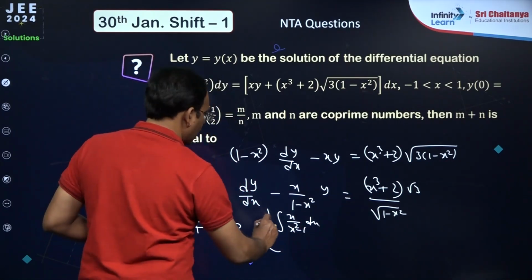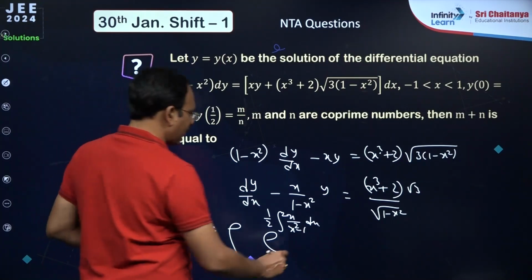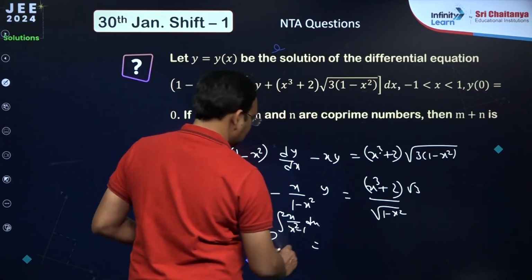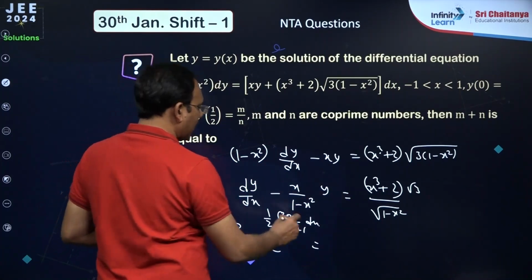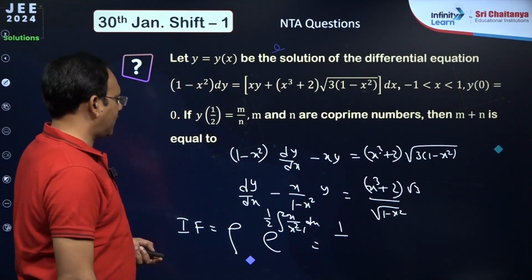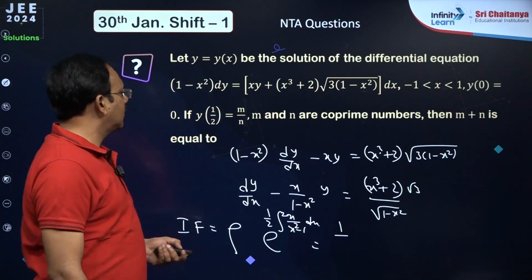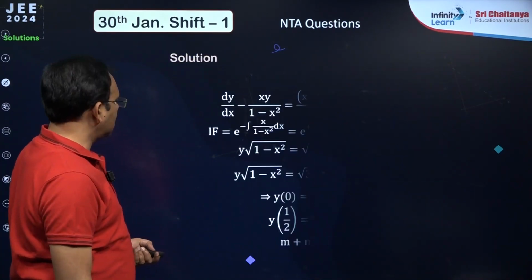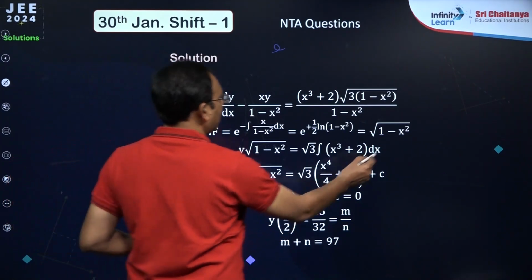So half you want, you put 2 here, f'(x)/f(x) gives log|f(x)|, you are going to get 1 minus x², better you write it there, that is minus 1/2. You see, my dear friends, you are going to get 1/√(x² minus 1) kind of thing. You see the same solution is written here, so the integrating factor is going to be √(1 minus x²).